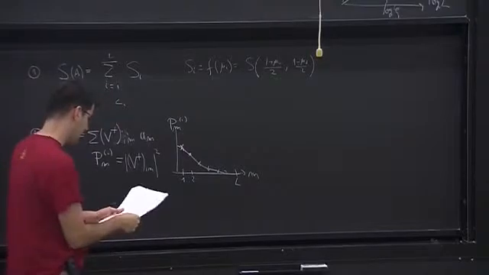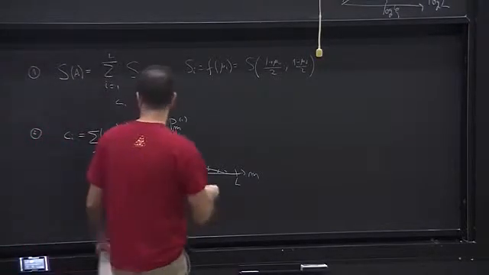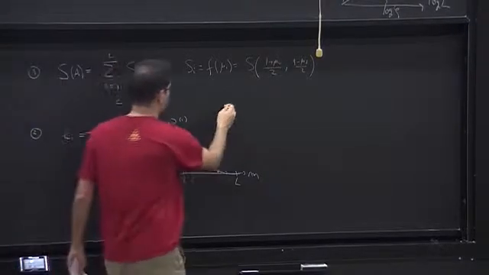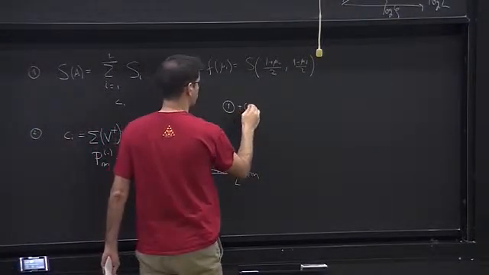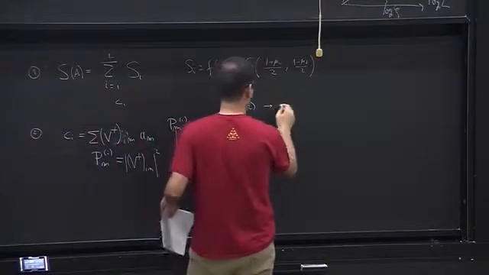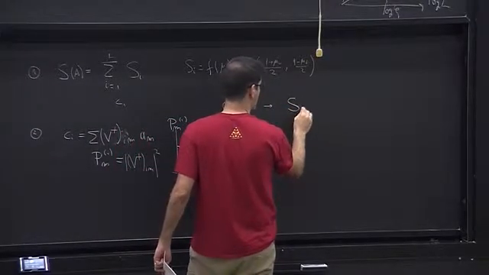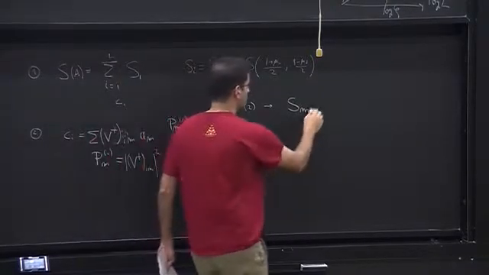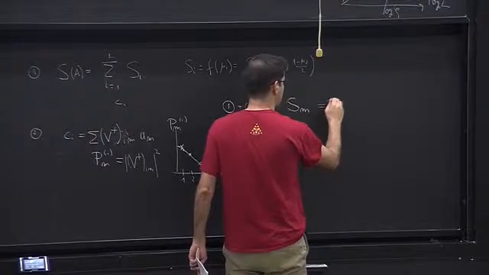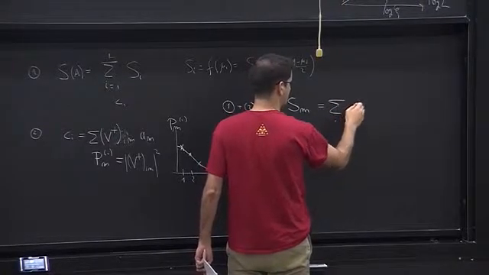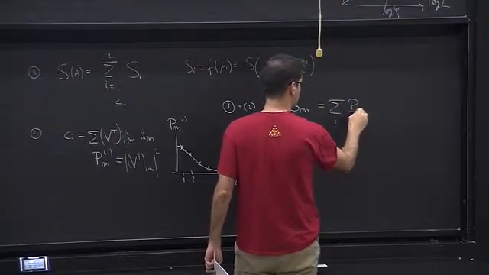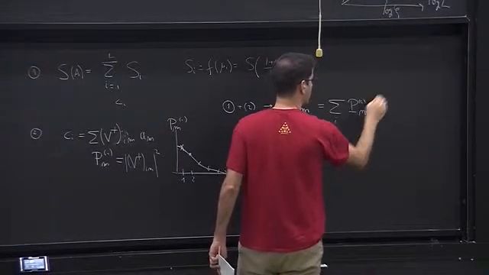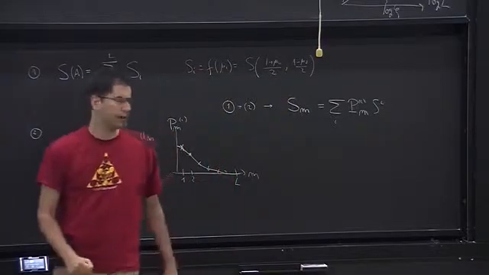So we put these two together, and we define some contribution S(n) attached to a given site, to be given by the sum over all the C_i, weighted by their weights, and the contribution that they make to the total entropy.